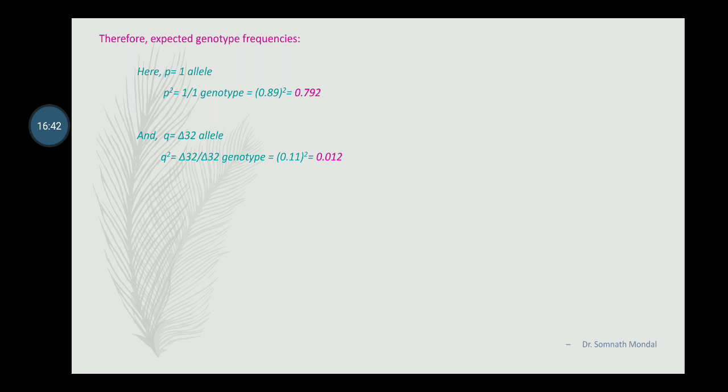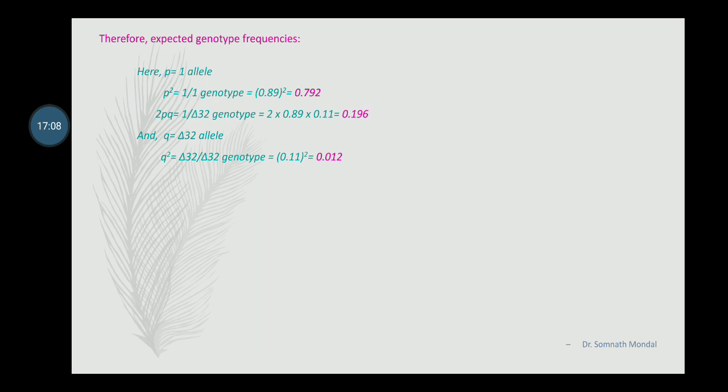Therefore Q square is equal to the homozygous recessive genotype, 0.11 whole square equal to 0.012, and 2PQ, the heterozygous genotype, 1 by del 32, will be 2 into P into Q, that is 0.196. So these are the expected genotypic frequencies.